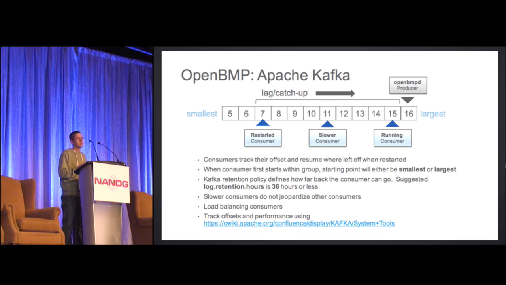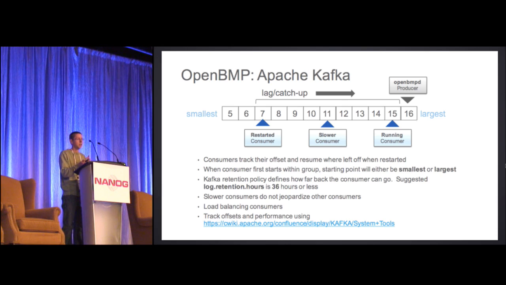And you can load balance consumers. So this framework is more than just a JSON output of data, or XML output of data that you get with a stream. This is a framework that supports consuming applications to scale. So you can scale your applications how you need to scale them to consume the messages. And OpenBMP ensures that the messages are put in order.